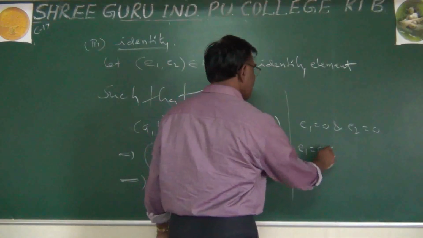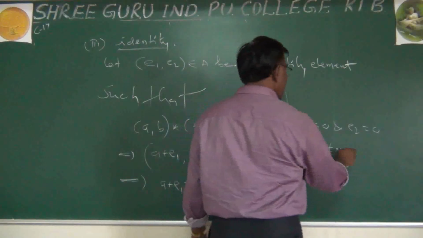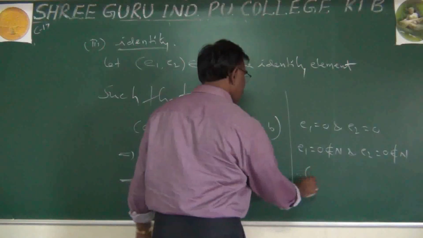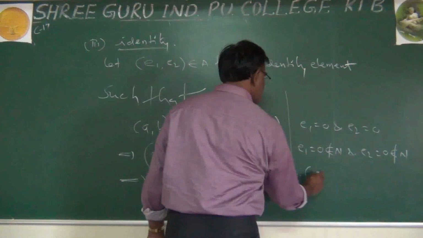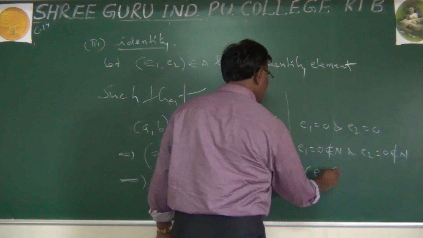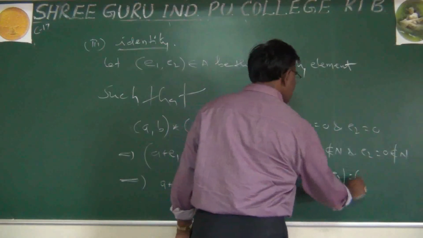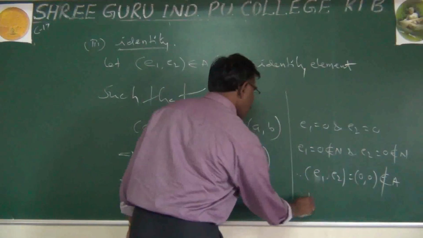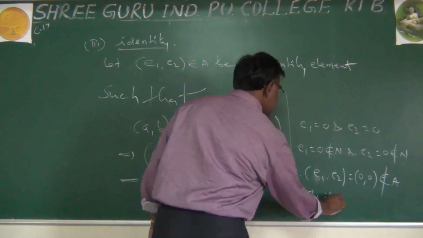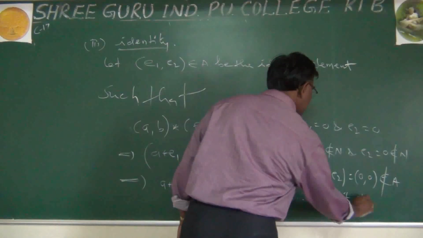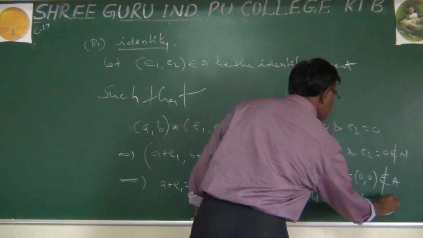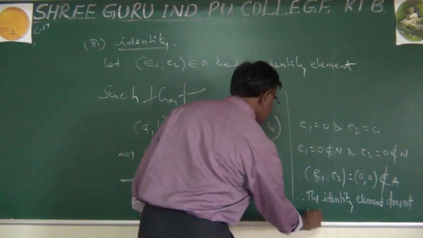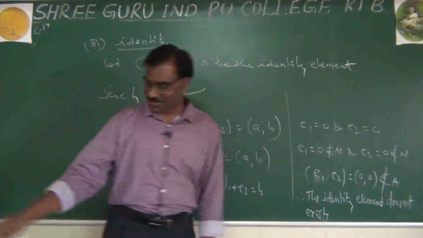E1 equals 0 does not belong to N, and E2 equals 0, 0 does not belong. Therefore, (E1, E2) equals (0, 0), and (0, 0) does not belong to the set. Therefore, the identity element does not exist. So very simple.